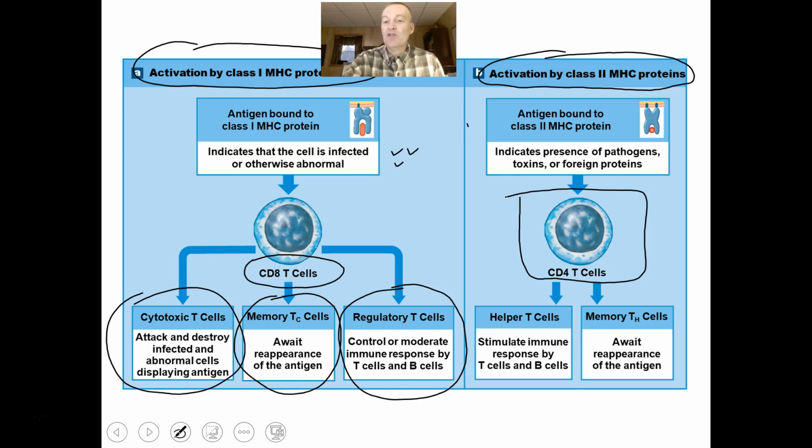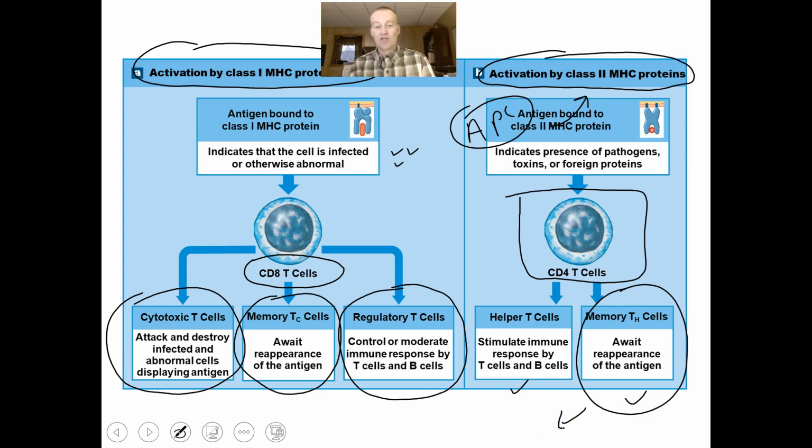And we utilize antigen presenting cells. Those are the cells that are going to have class 2 MHC proteins on them. These helper T cells are going to stimulate immune response amongst T cells and B cells, and they're going to produce memory cells as well to await the reappearance of that particular antigen so that it can respond very rapidly next time it sees that particular foreign agent.